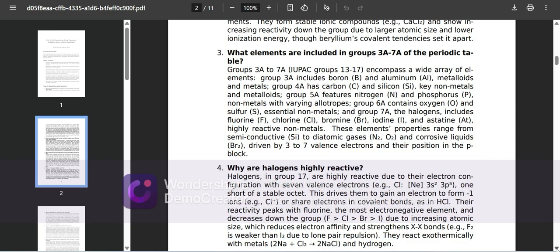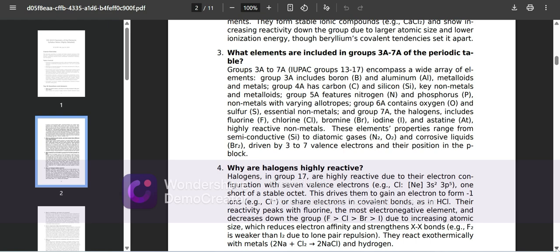What elements are included in group 3A to 7A of the periodic table? Group 3A to 7A, IUPAC groups 13 to 17, encompasses a wide array of elements. Group 3A includes boron and aluminium, a metalloid and a metal.